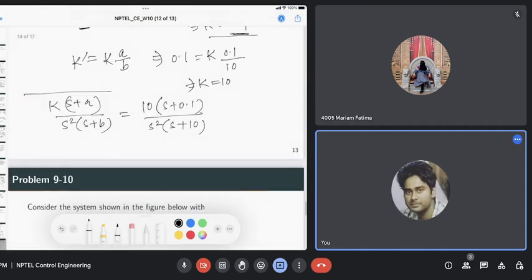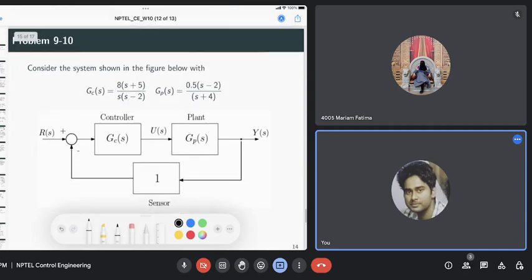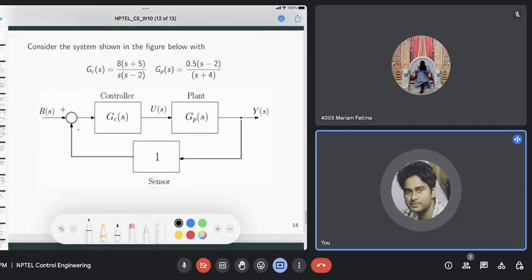Next we will consider a simple question where we have a plant, a controller and a sensor that gives the feedback loop.